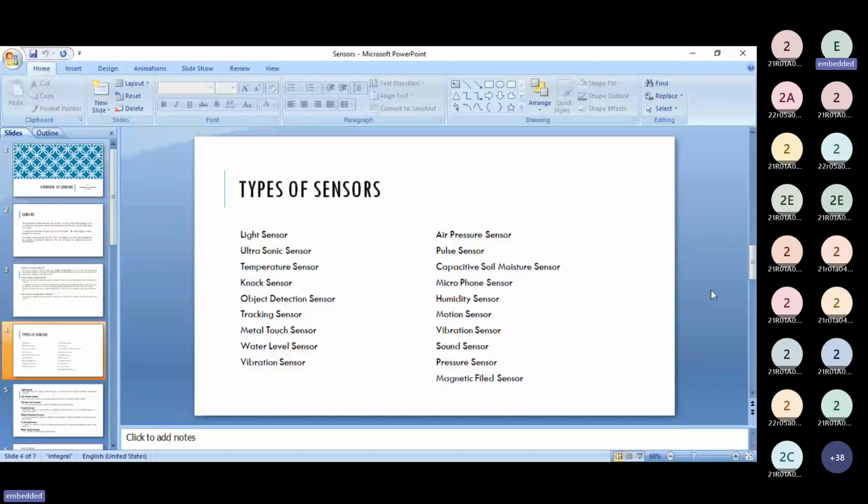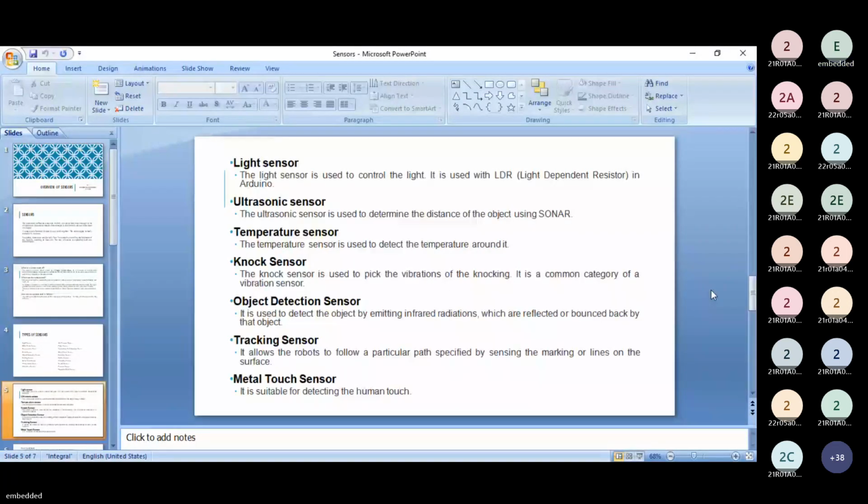So what do you mean by light sensor? The light sensor is used to control the light.